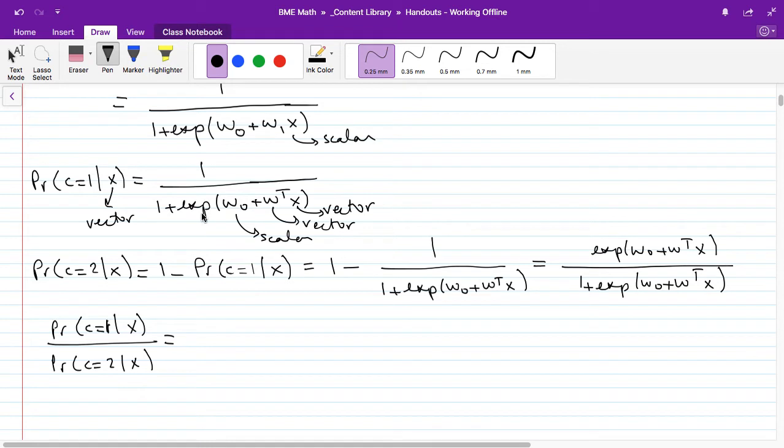So you notice that the numerator here is going to go away with this numerator. I'm going to get 1 over exponential of w0 plus w transpose x. So the ratio of the posterior probabilities is also linear in the input vector x, and so the log of the posteriors is going to be linear.